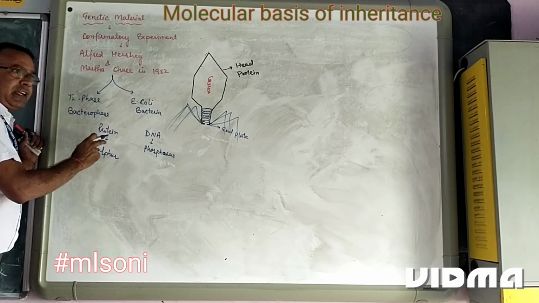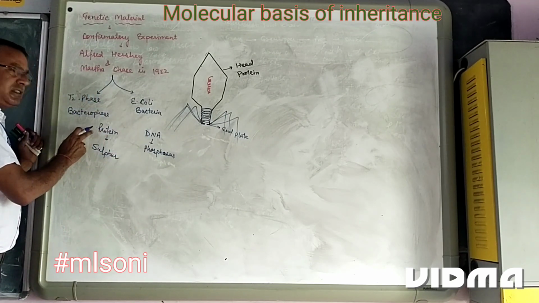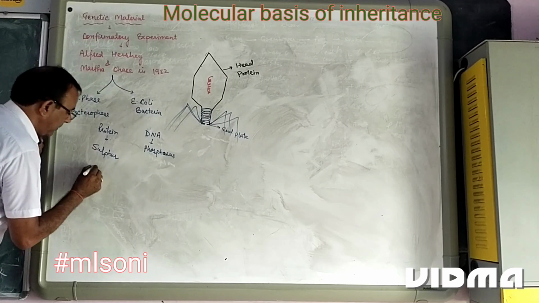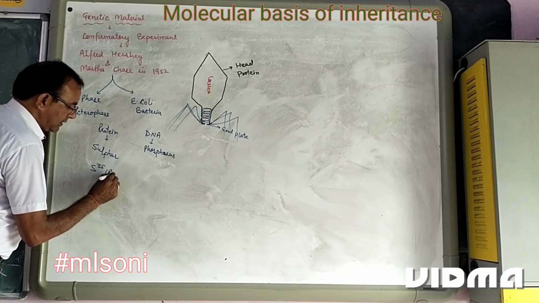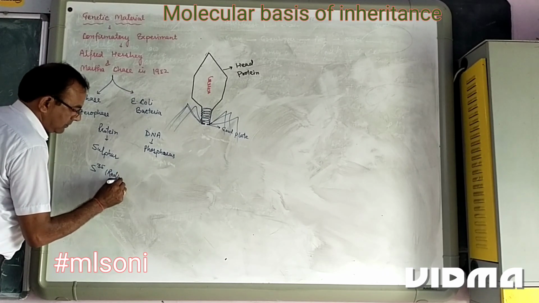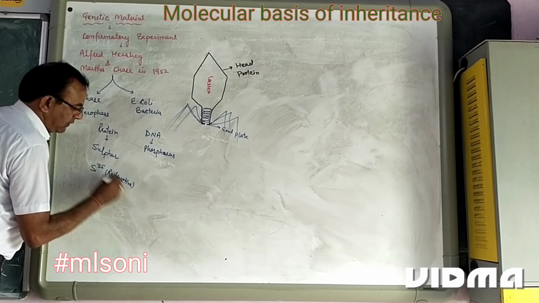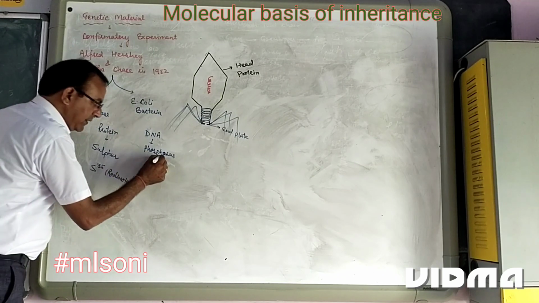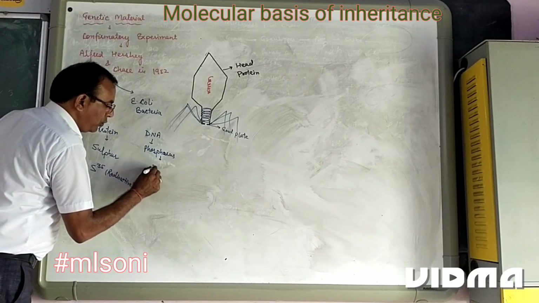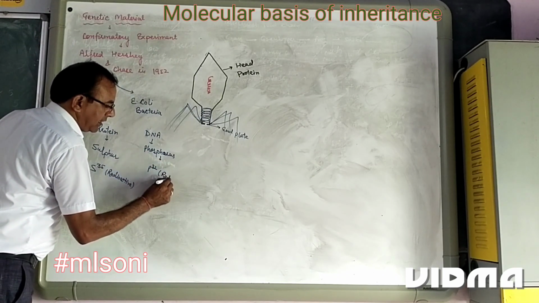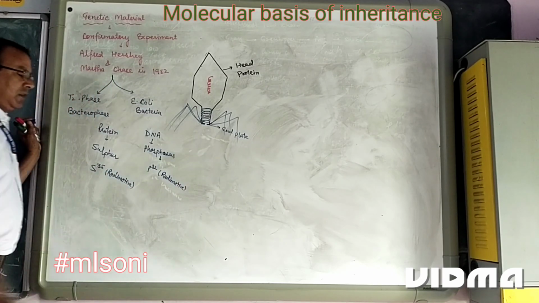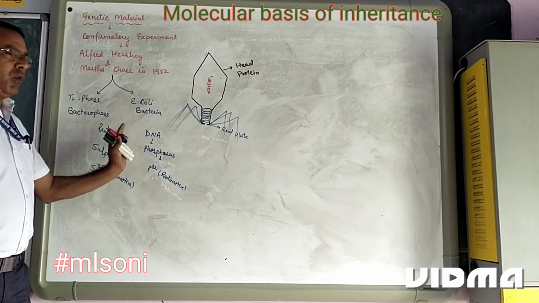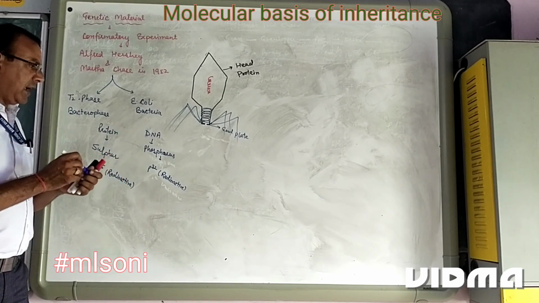They made both substances radioactive: the protein's sulfur as radioactive S35, and the phosphorus as radioactive P32. Then they showed how the process can be accomplished.